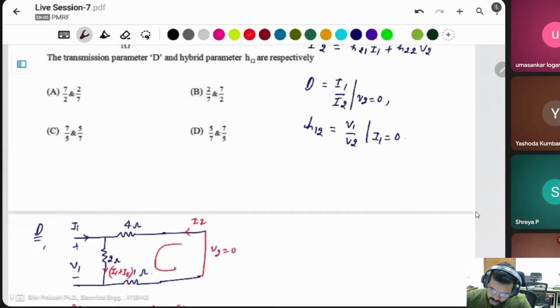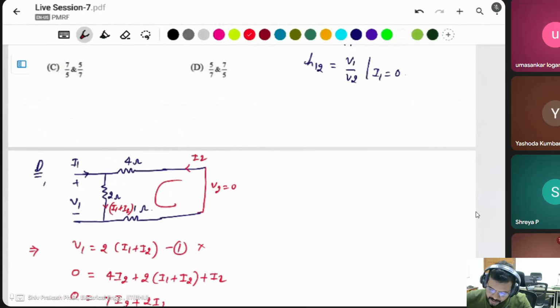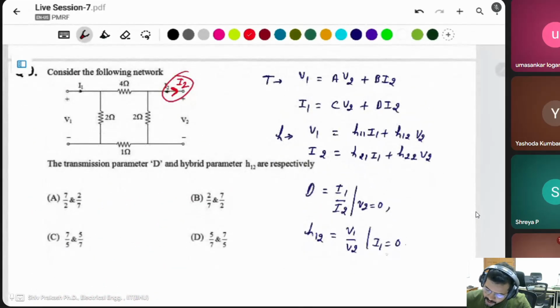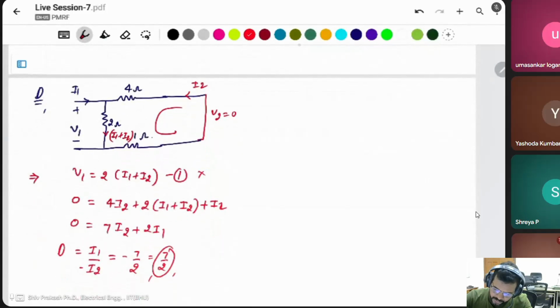Okay. For the H parameter, I1 will be 0. Let me write the circuit again for the H parameter.